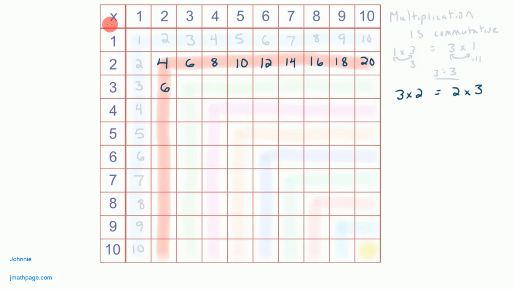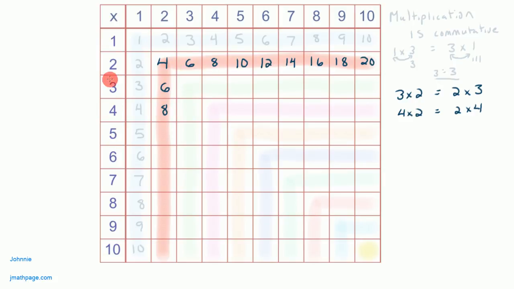What about 4 times 2? So 4 times 2 should be the same thing as 2 times 4, which is 8. Following our rules, right? So 2 times 4 is 8, so 4 times 2 is also 8. Look at the pattern.